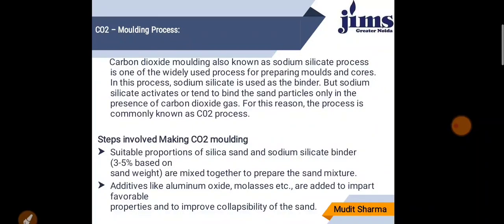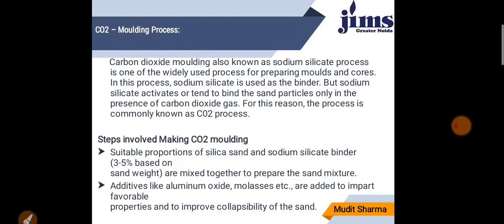It is a sand molding process in which sodium silicate, whose formula is Na2O.xSiO2, that is water glass, is used as a binder at 2 to 6% rather than clay, because in sand molding we mostly use clay. After the mold is prepared, CO2 gas is made to flow through the mold and the sand mixture.